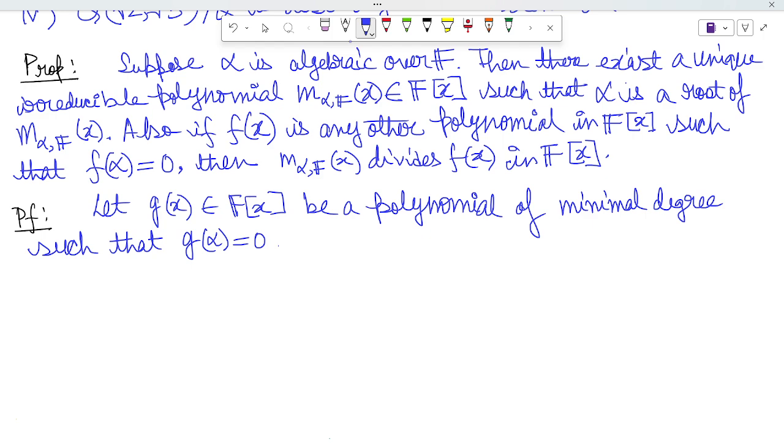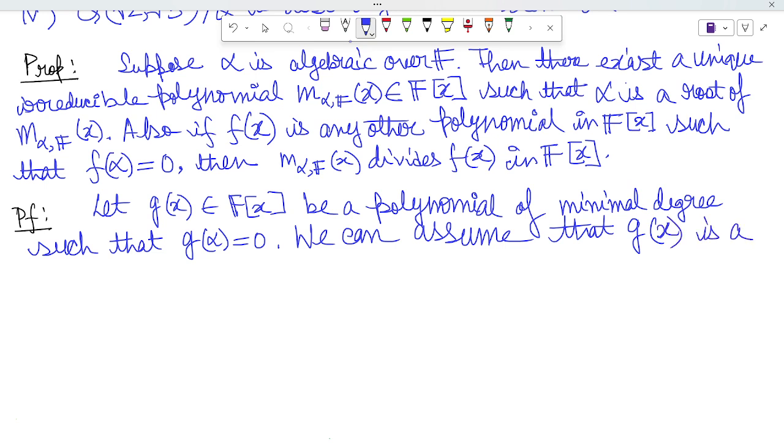We can assume that g(x) is a monic polynomial. Monic means the leading coefficient is 1. Why can we assume this? Because we are working in a field.